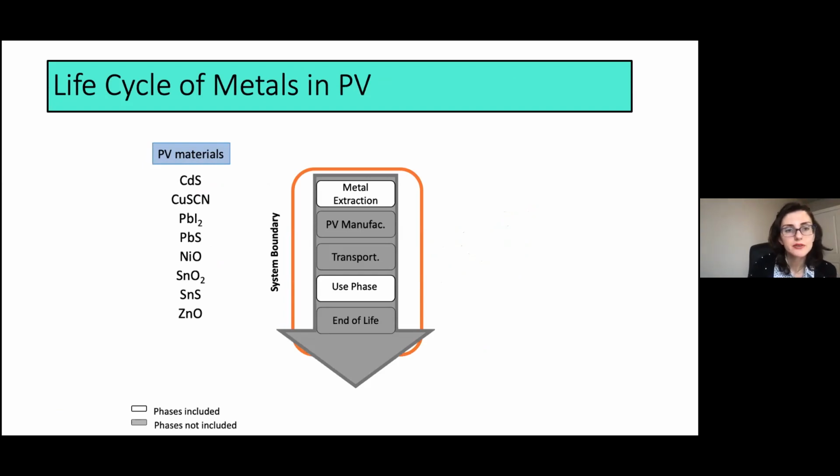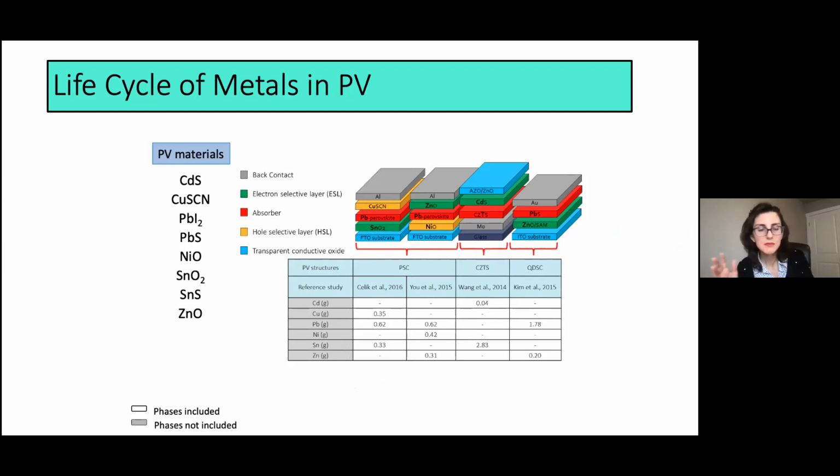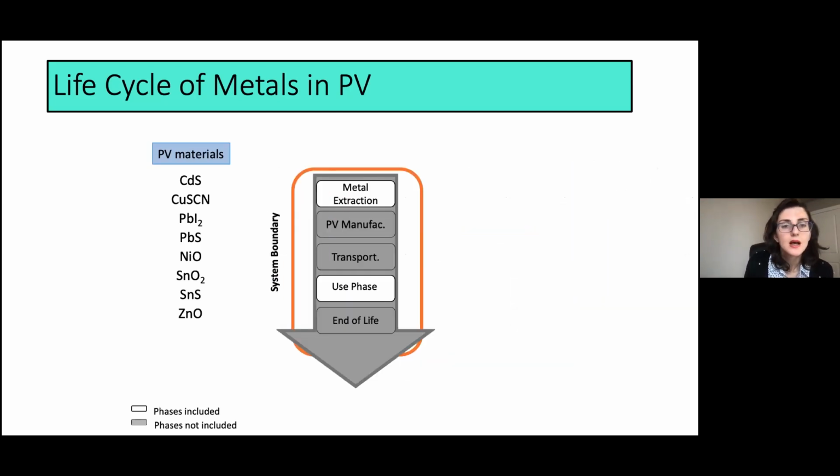So those PV materials that we may have in emerging thin film technologies could be cadmium selenide, copper thiocyanate, lead iodide, lead sulfate, nickel oxide, tin oxide, tin selenide, or zinc oxide. So these are the materials, and we come up with some models that we can copy from the literature that contain them in different structures, emerging PVs.